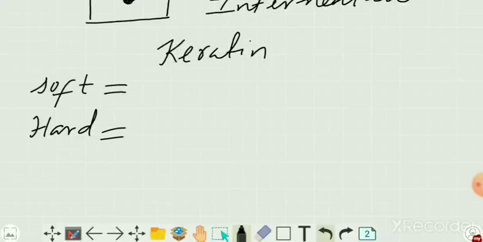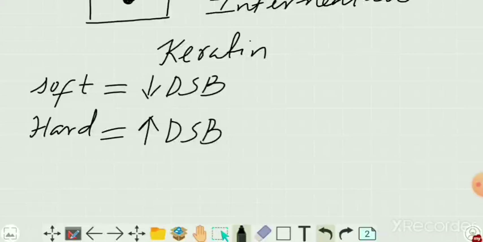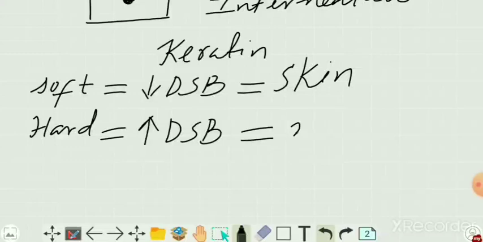If there is a low number of disulfide bonds, that means it is a soft keratin. If there is a high number of disulfide bonds, it means it is a hard keratin. And the soft keratin is found in the skin. That's why the skin is stretchy. And the hard keratin is found in the nails. That's why the nails are hard.